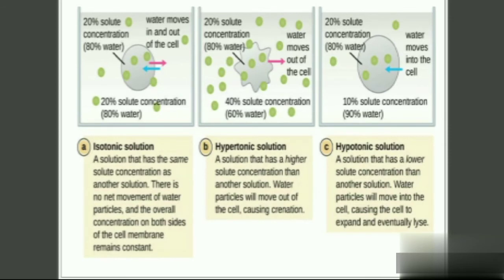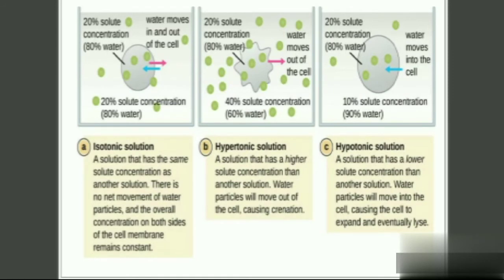Second case, it is hypertonic. Inside the cell you have 20% solute and 80% water, so a higher concentration of water is inside the cell, whereas on the outer side it is 40% solute concentration and 60% solvent. Because of that, the water molecules will come out of the cell and the cell will shrink.